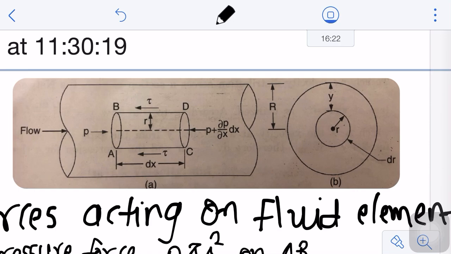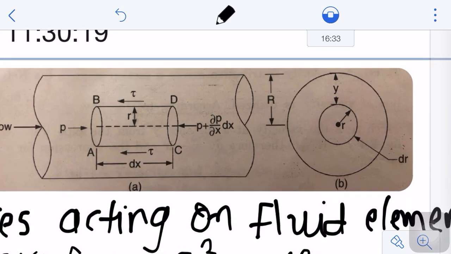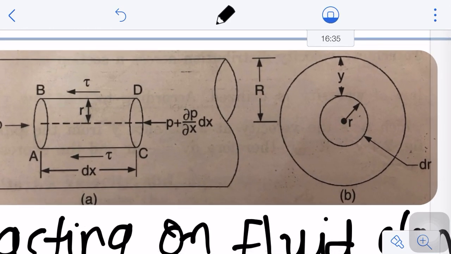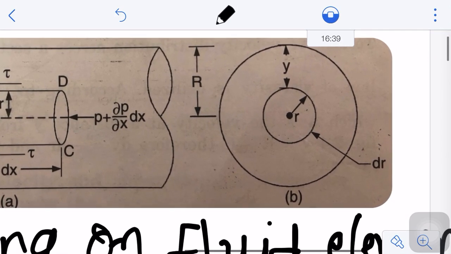Let's consider this concentric cylindrical fluid element passing through some elementary ring of thickness, let's say dr. This second figure, small b, is nothing but the ring having thickness dr, which is placed at a radial distance of small r from the center of the pipe.